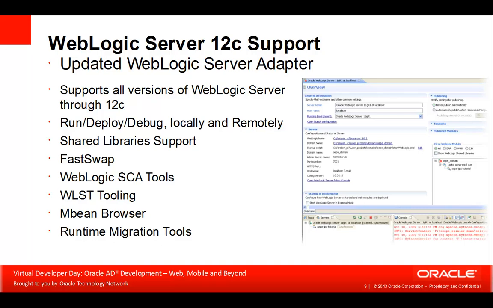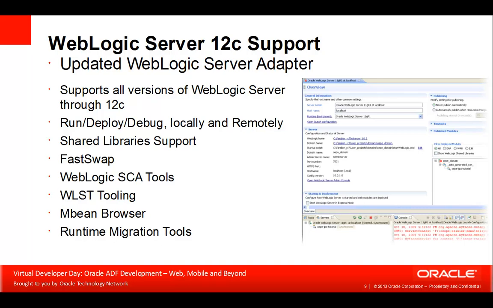Things like being able to run, deploy, and debug, both locally and remotely. It allows us to examine the libraries that are deployed for a particular application. We're able to do fast swap in there, and examine the SCA, utilizing the WebLogic SCA tools. It also provides us with WLST tooling.